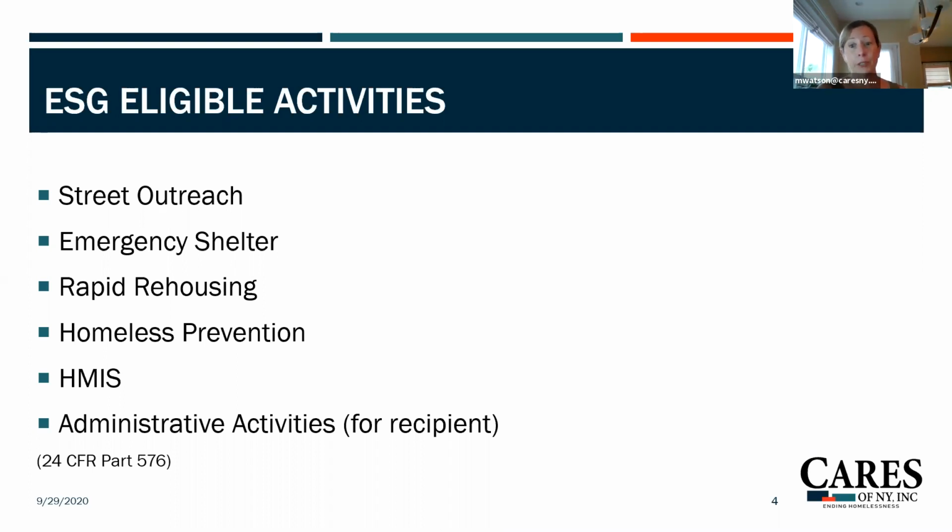Eligible costs include rental assistance and housing, relocation, and stabilization services. Next is homeless prevention. Eligible costs include rental arrears and assistance, and housing, relocation, and stabilization services. Just a reminder here that prevention costs can be used for ongoing rental assistance for at-risk households. And finally, HMIS and administrative activities.